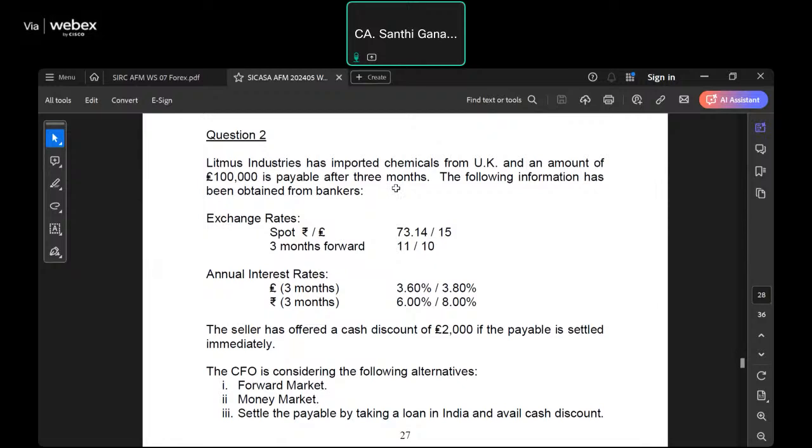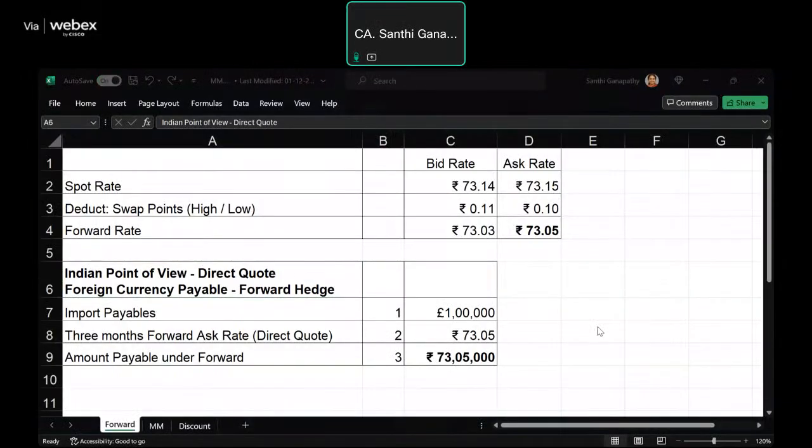It's a question of import payables. So you need to buy, which means the bank needs to sell. Therefore, what rate is applicable? Ask rate is applicable. So forwards, this is the position. If I take a forward, I end up paying 73 lakh 5,000.